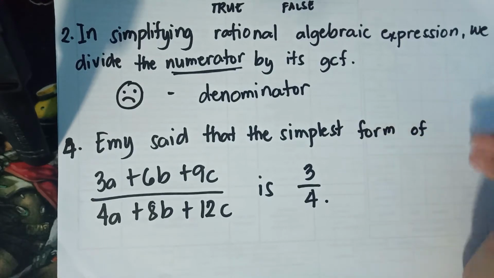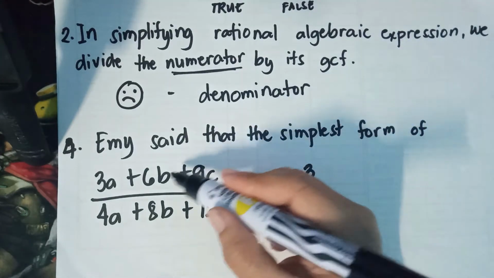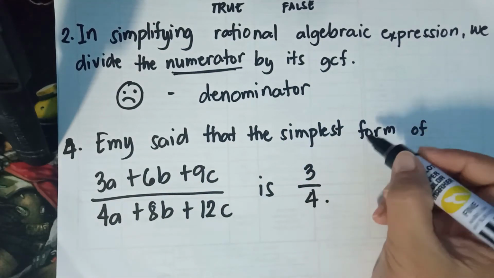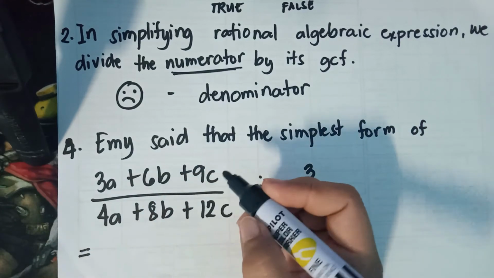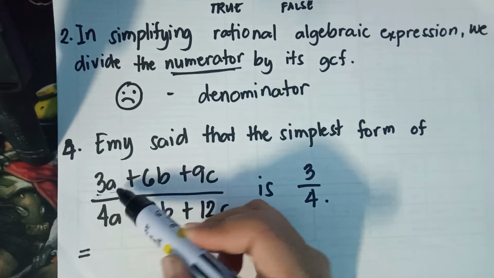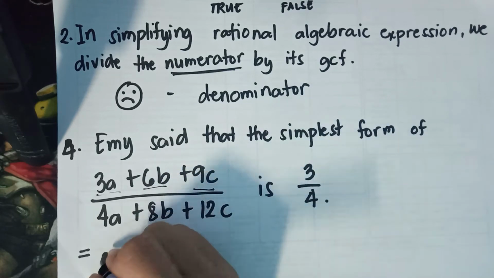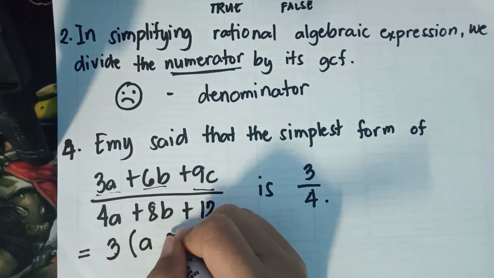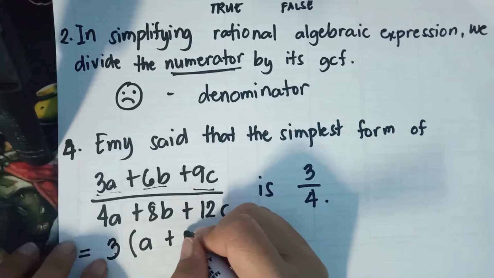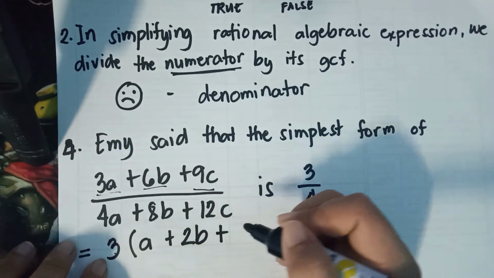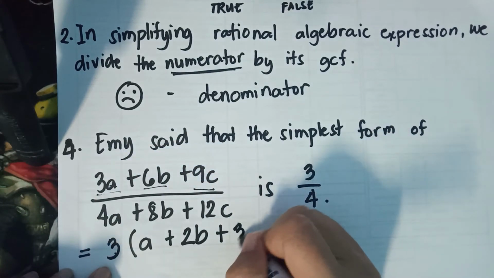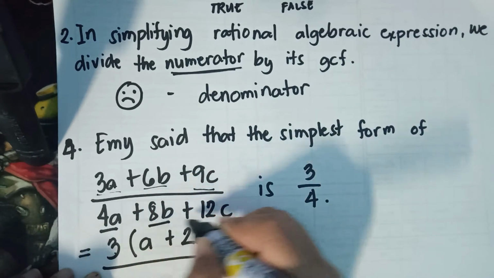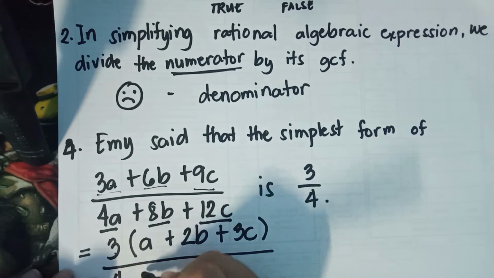Next, number 2. Emily said that the simplest form of 3a plus 6b plus 9c over 4a plus 8b plus 12c is 3/4. All you need to do is use the factoring method. There is a common factor between 3a, 6b, and 9c, and that is 3. Next, 3a divided by 3, that is a, plus 6b divided by 3, that is 2b, plus 9c divided by 3, that is 3c, over. There is also a common factor between 4a, 8b, and 12c, and that is 4.